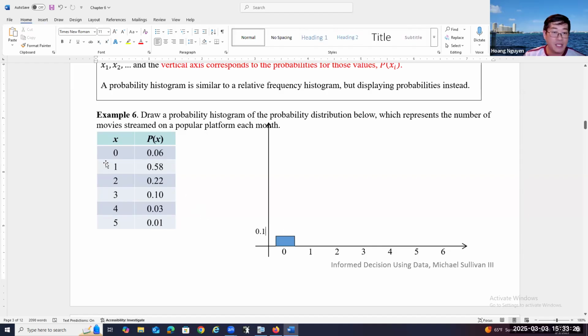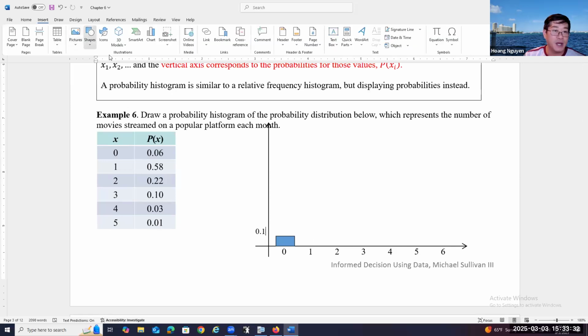Now the next value, when x equals 1, you have 0.58. So 0.58 looks like all the way up to 0.6, right? This is 0.10, 0.20, 0.30, 0.40, 0.50, 0.60, so a little bit lower. I'm going to do approximation, everyone, so don't pause me on this. It's going to be half unit to the left, half unit to the right.